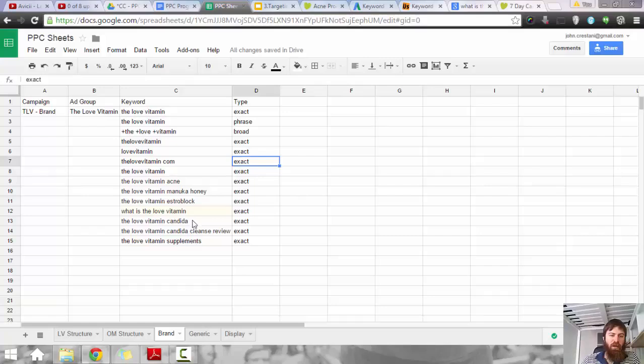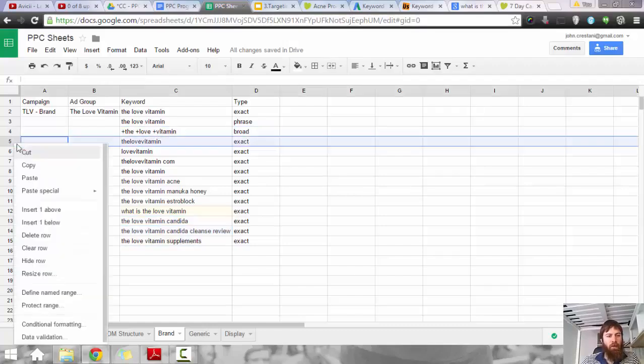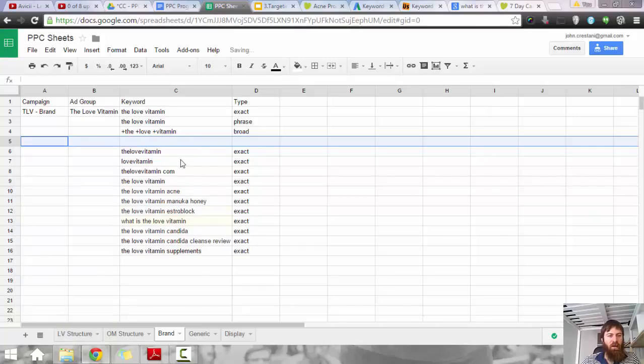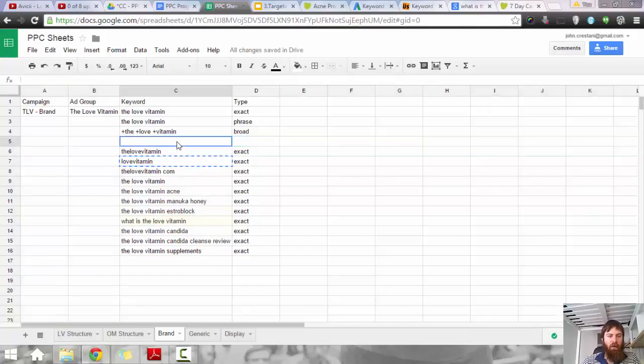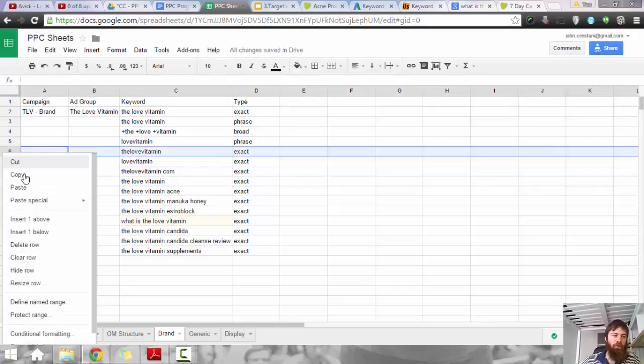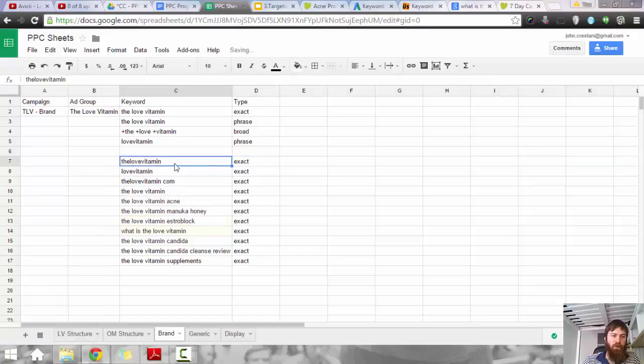Some of these aren't actually going to get very many phrase match search terms. But keep in mind, the Love Vitamin in broad is going to get a lot of the search volume right there. What I'm also going to do is put Love Vitamin, one word, in phrase, and I'm also going to put Love Vitamin in phrase.